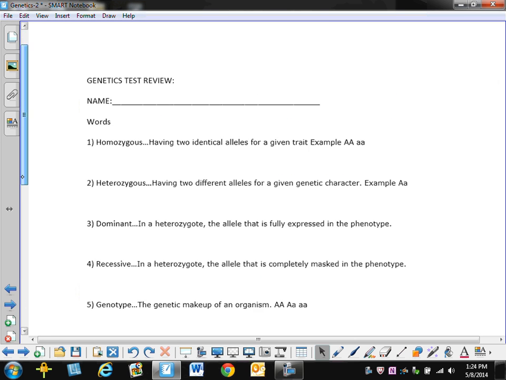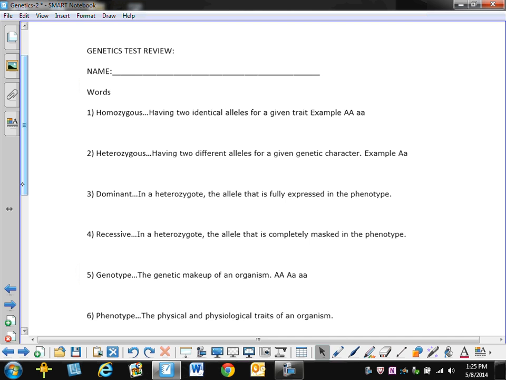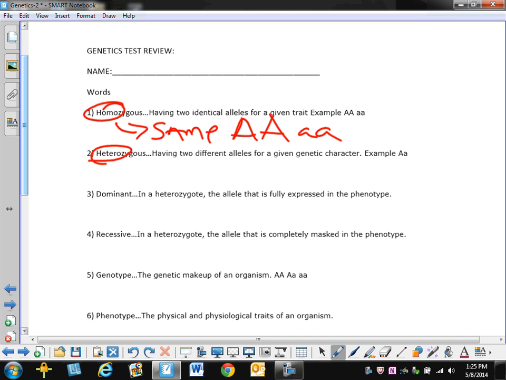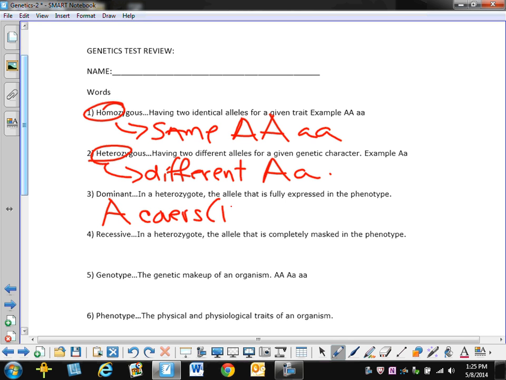Okay, it says genetics test review. Homozygous, homo, same. Big A, big A; little a, little a. Heterozygous, different. Big A, little a. Dominant. Dominant means big A covers, hides little a.